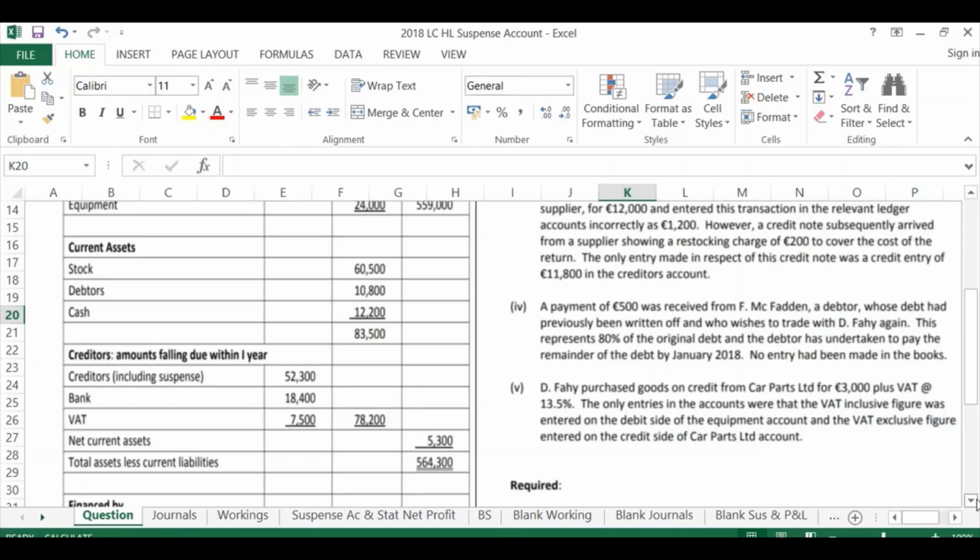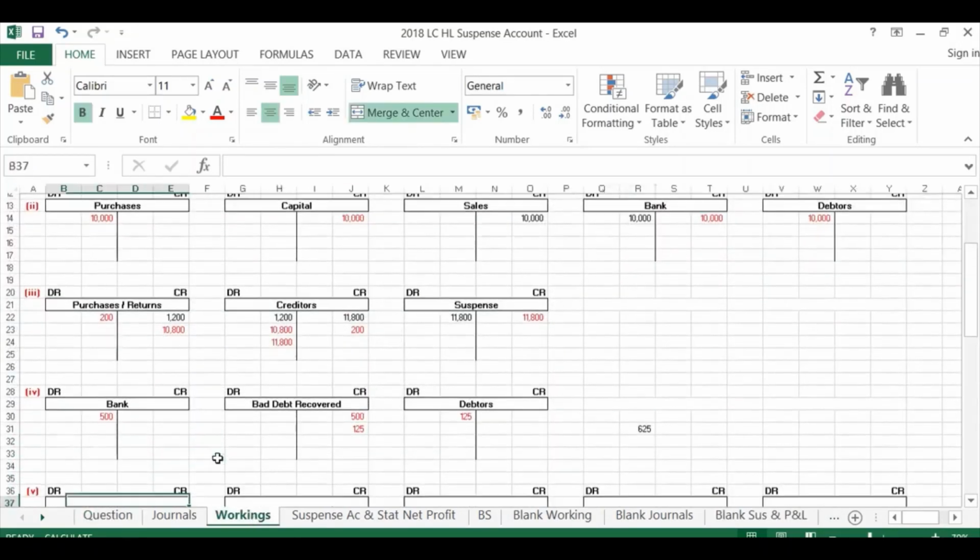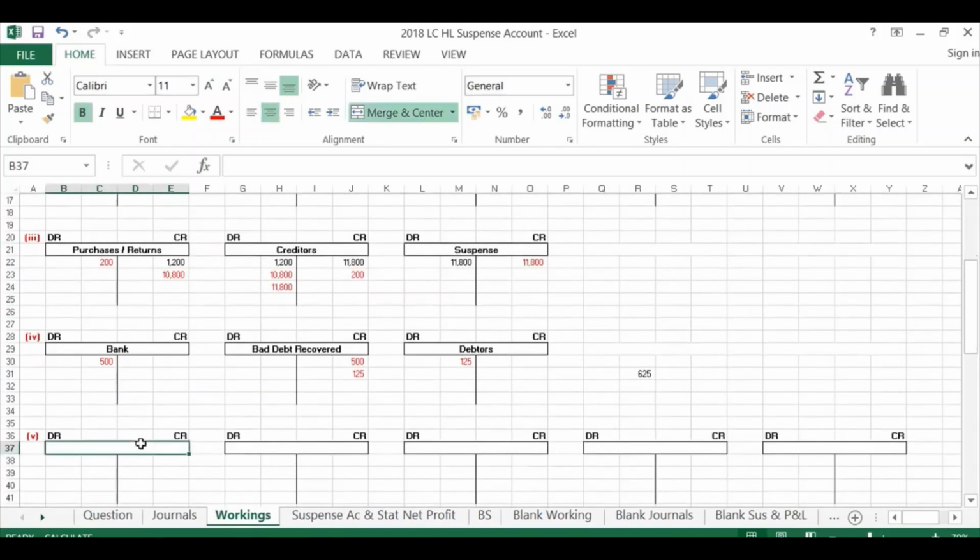What he did do is put the VAT inclusive amount, which is the 3,000 plus the VAT, on the debit side of the equipment account, which it shouldn't be. And the VAT exclusive figure, the 3,000, was entered on the credit side of Car Parts Limited, which are creditors. So the first account was the equipment account.